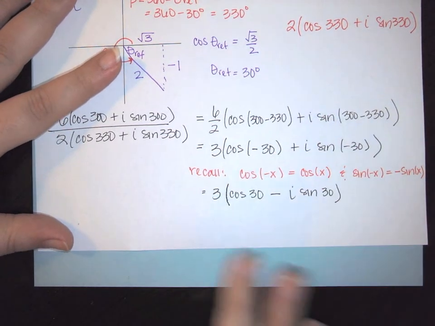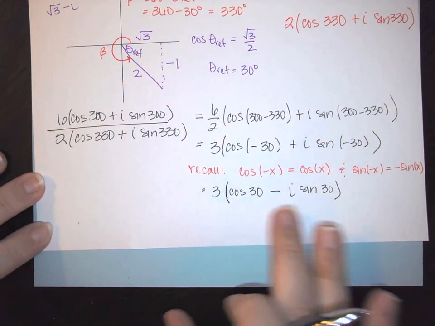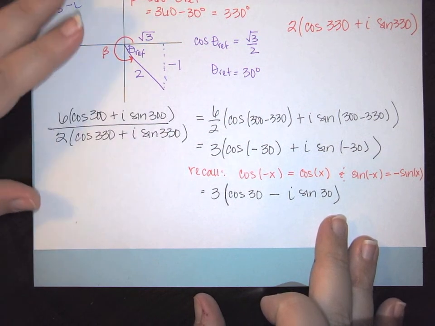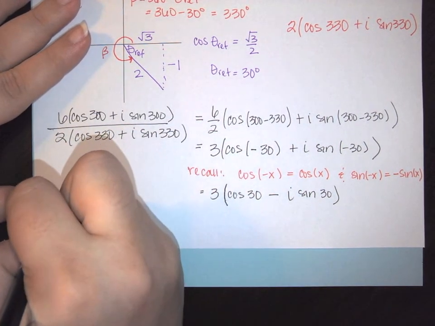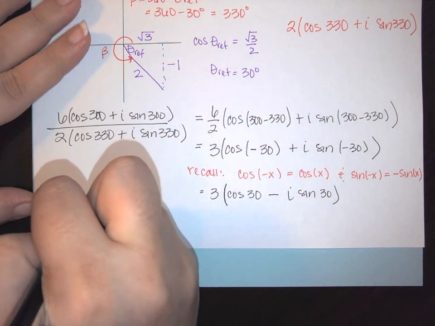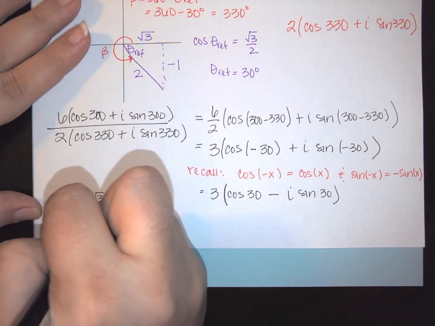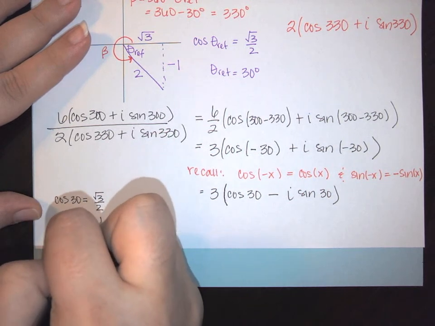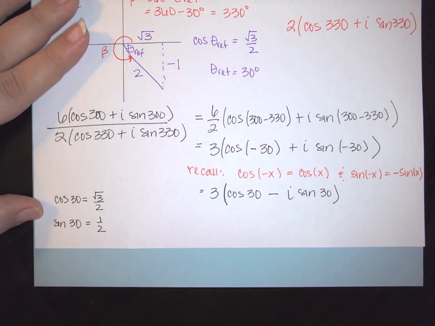So here we now have the cosine of 30 and the sine of 30, and again, we have to identify what those are. We know the cosine of 30 degrees is the square root of 3 over 2, and we know the sine of 30 degrees is 1/2. So we need to plug those in.